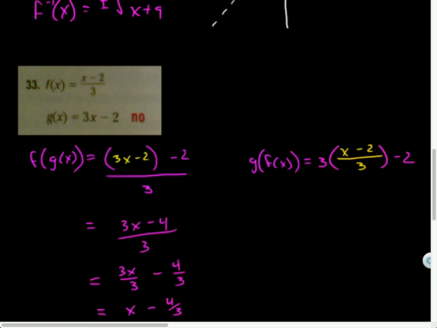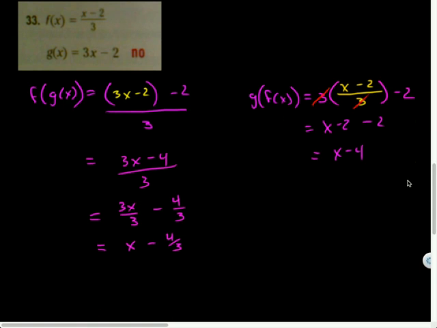So when I multiply those, I can cancel those out. And I get x minus 2 minus 2, or x minus 4. So once again, no, not an inverse. So they are not each other's inverses.